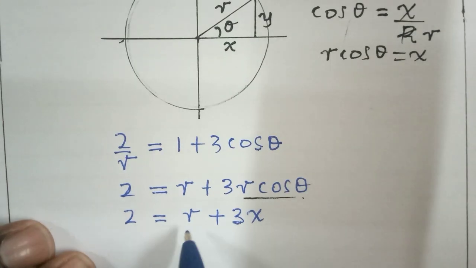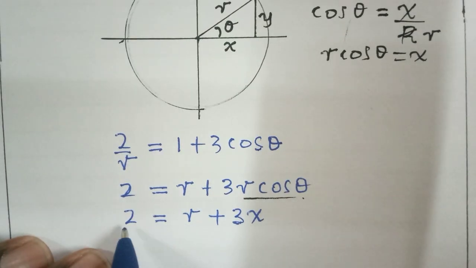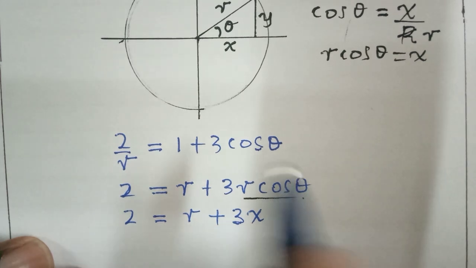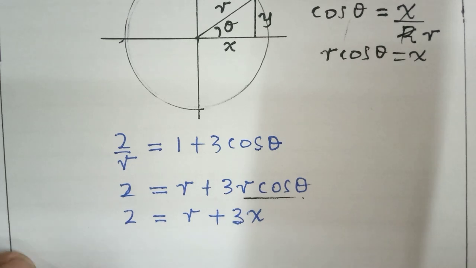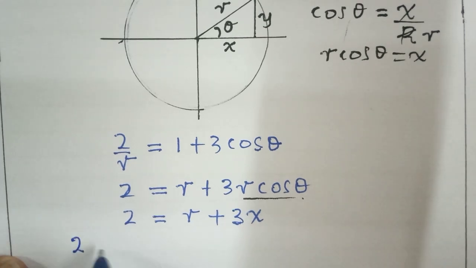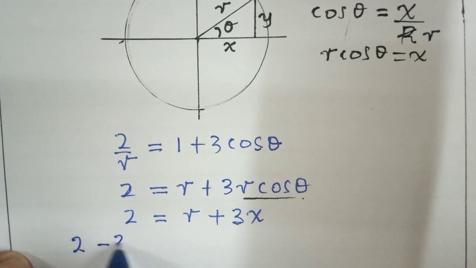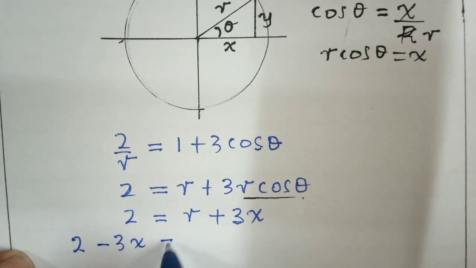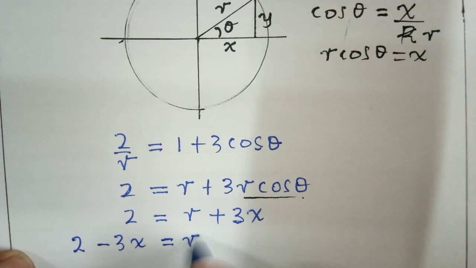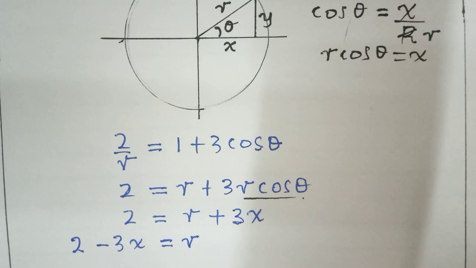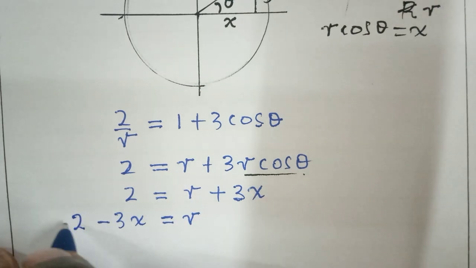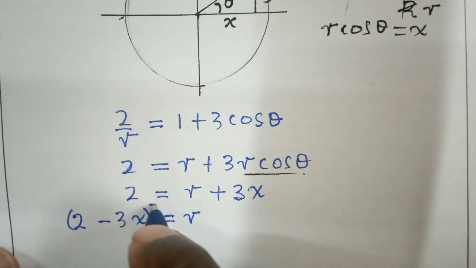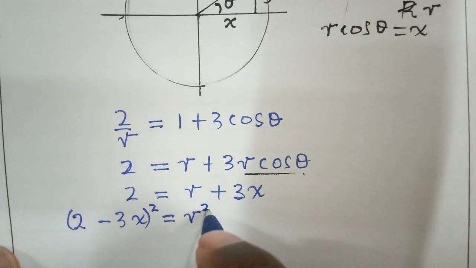We can now put r on one side and then 2 we put on the other side. So we can leave r this side and then bring 3x this side. So we shall have 2 minus 3x is equals to r, like that, guys. And then guys, we can now come and square. So we shall have this squared and this now squared.